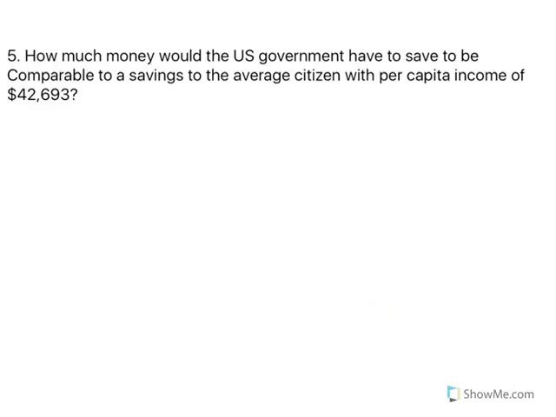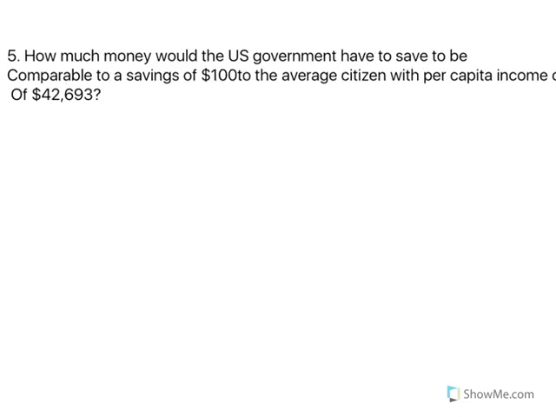Okay, how much money would the U.S. government have to save to be comparable to a savings of $100 to the average citizen with a per capita income of $42,693? We're comparing income to savings, and the citizen compared to the government.